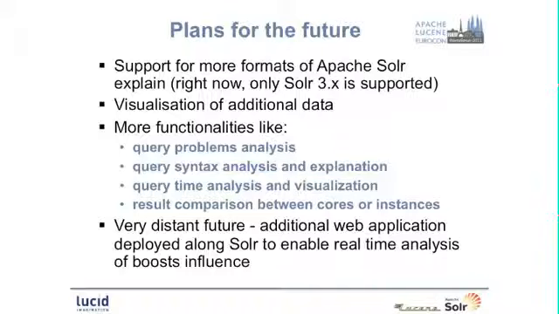Right now, we are only supporting Solr 3 and its variants because the explain information changes a bit from Solr to Solr, especially with the new flexible similarity functionalities. We would like to have some additional visualization of the data. We are concentrating on functionalities.